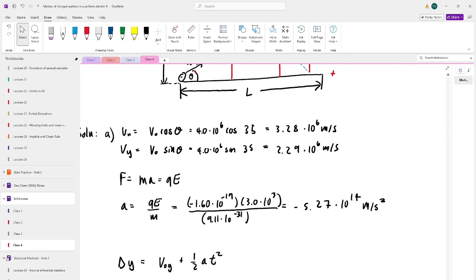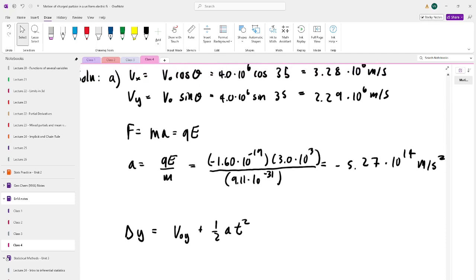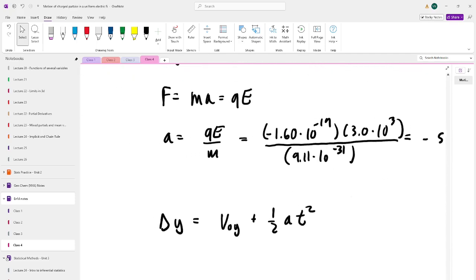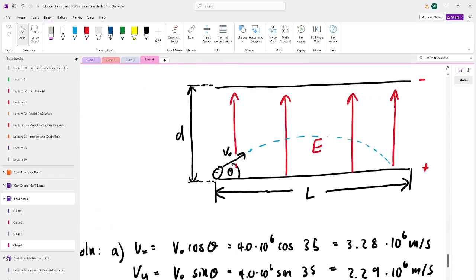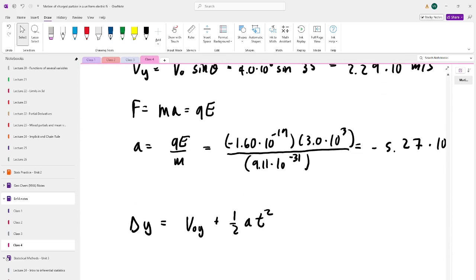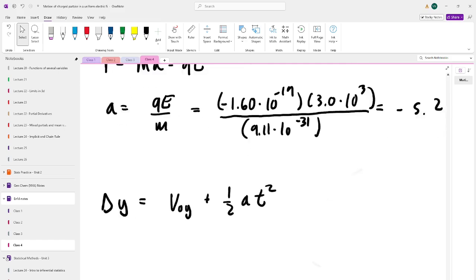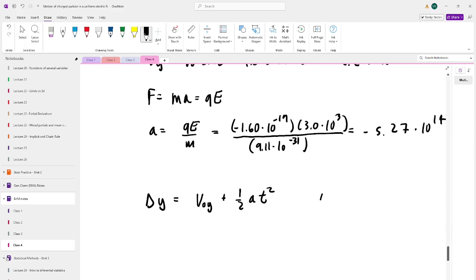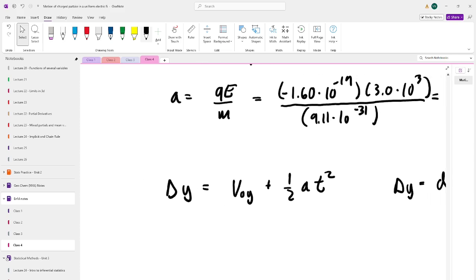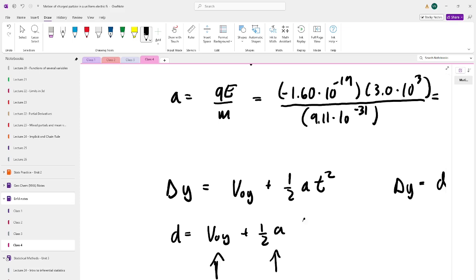We don't have a value for d, so we're just going to have to run with delta y. For now, because we don't have a value for d, we can say that delta y is equal to d. We want to find t, but we're not given a specific value for d, so we just have to imagine that delta y encompasses d, so it's just equal to d. So we'd get d equals v0y t, which we know, plus one half a t squared. So we know this value, we know this value, and we're looking for t.